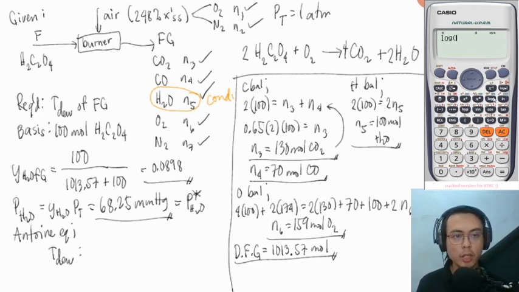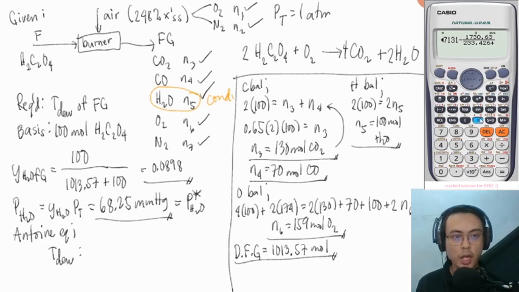Okay, so that is log 68.25 is equal to A, 8.07131, minus B, 1730.63, over C, 233.426 plus temperature.